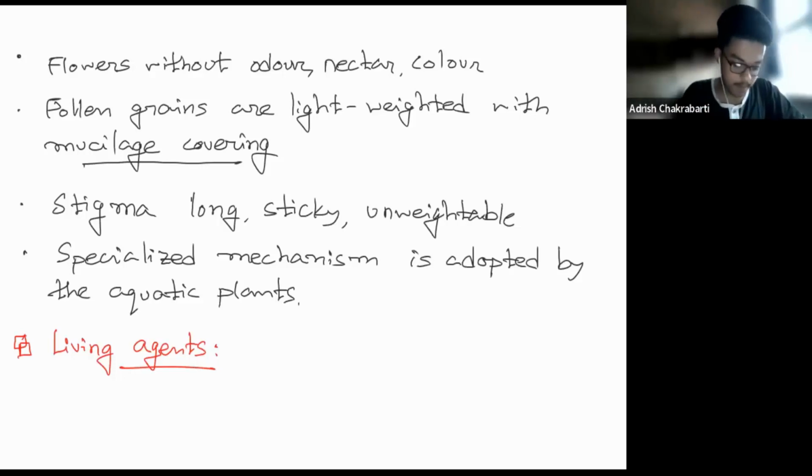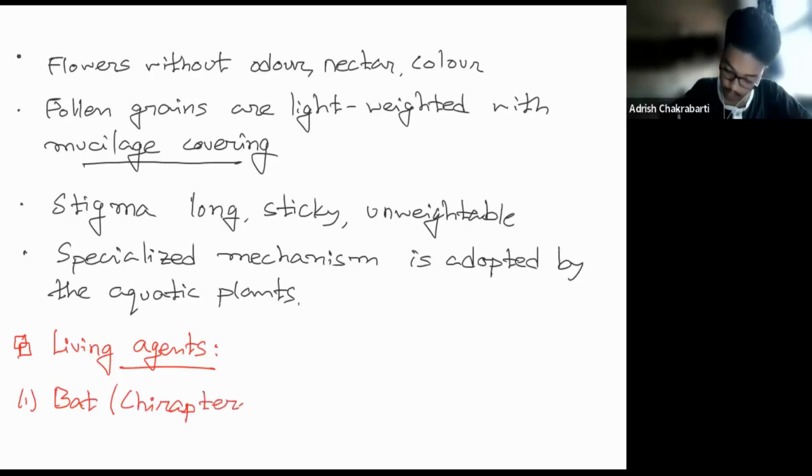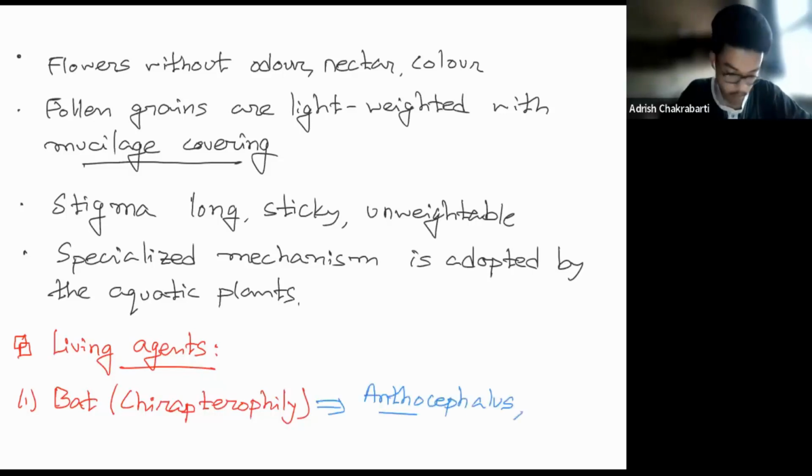Before going into detail, I'm just quickly covering the others I had mentioned. First is pollination by bat, known as chiropterophily. Examples include Anthocephalus and Adansonia.